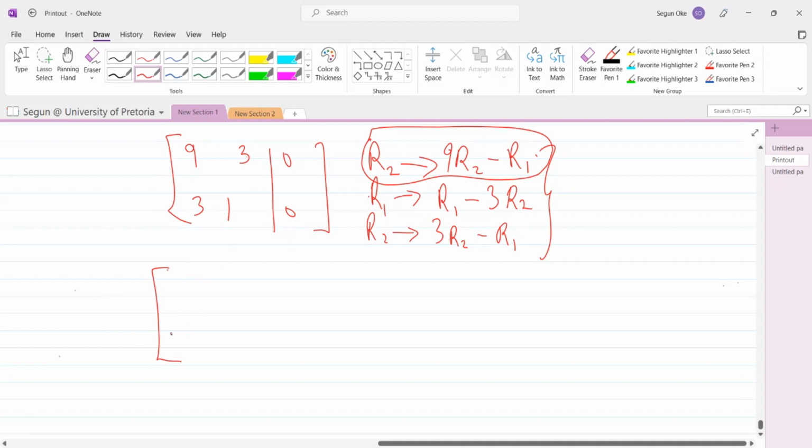I can retain my R2, 3, 1, 0, because it is simple for me. I can eliminate those ones. Look at it: R1 is 9 minus 3R2, which is also 9, equals 0. I put 0 here. Then the second phase, 3 minus 3 is 0. I put 0 here.